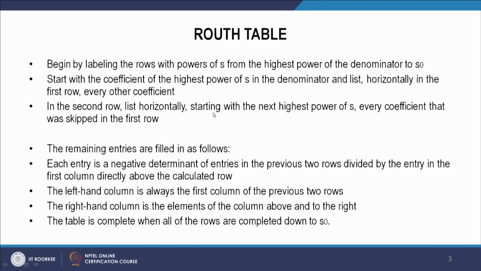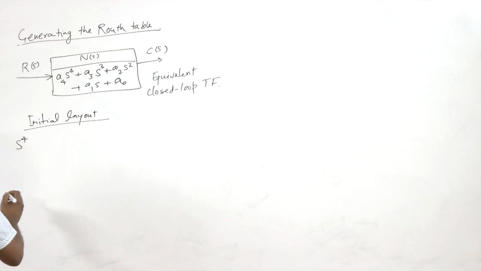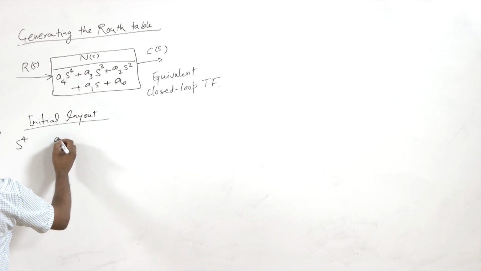So, we begin by labeling the rows with powers of s from the highest power of the denominator to s^0. The highest power here is s^4, and the coefficient of s^4 is A4.